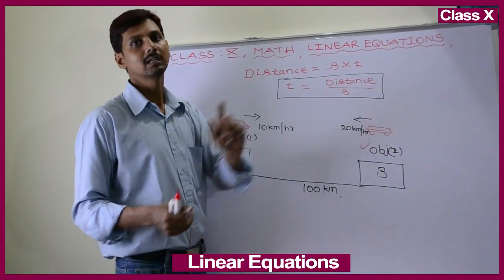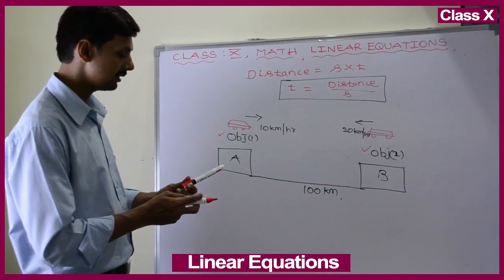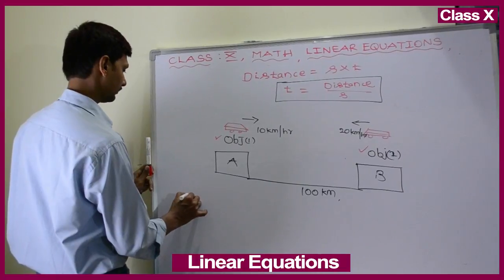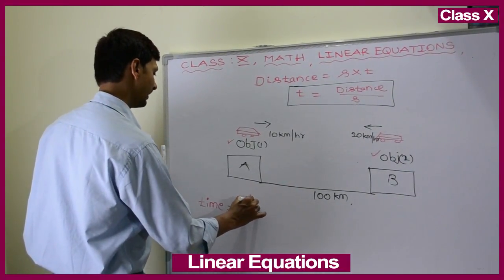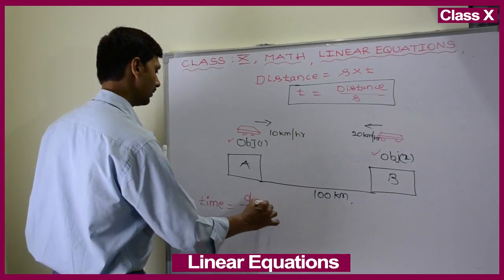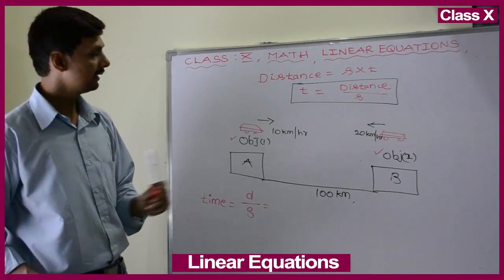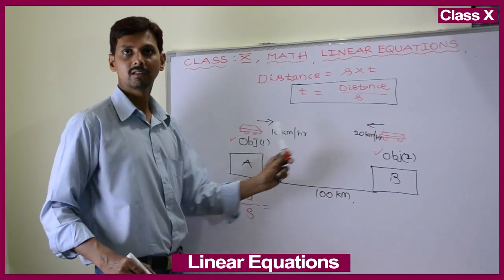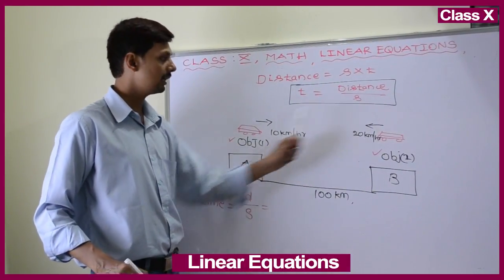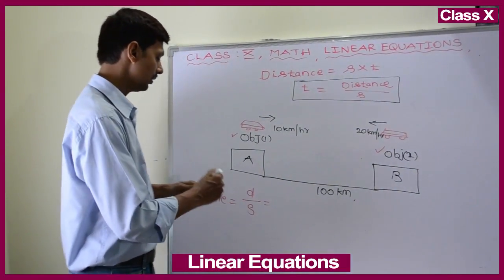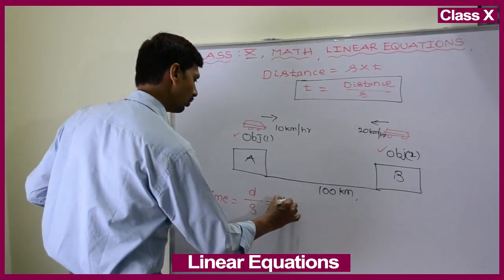So we know the standard formula: time is equal to distance by speed. Here we have 2 speeds, the speed of object 1 and the speed of object 2, the speed of the first car and the speed of the second car. The distance is 100 kilometers.